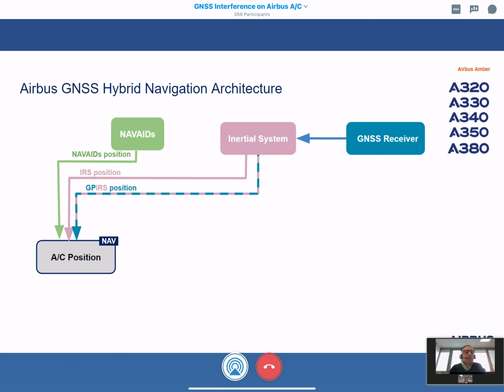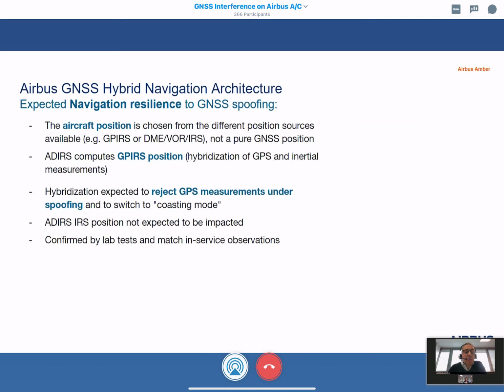So let's see in the next slide the illustration of what happens. As a reminder, the aircraft position is based on GPIRS or IRS DME or VOR or pure IRS. We compute the hybridization of GPS and inertia, and what has been observed in service, and confirmed also by lab tests, is that the cases of spoofing that our customer operators have encountered in the field are only either GNSS repeater or collateral spoofing, but never civilian aircraft attacked by targeted spoofing.